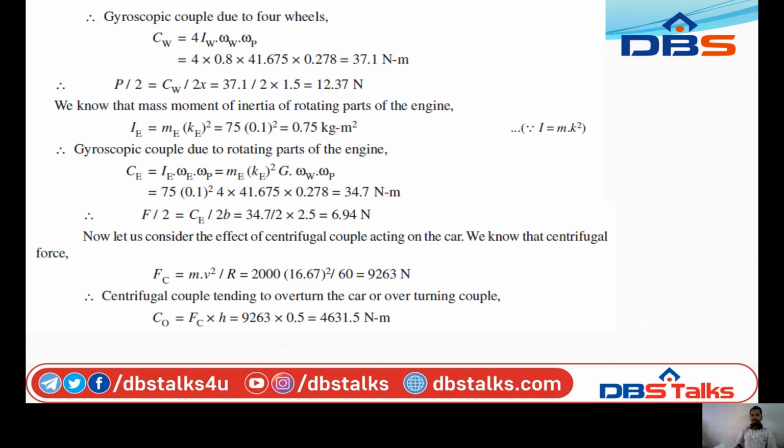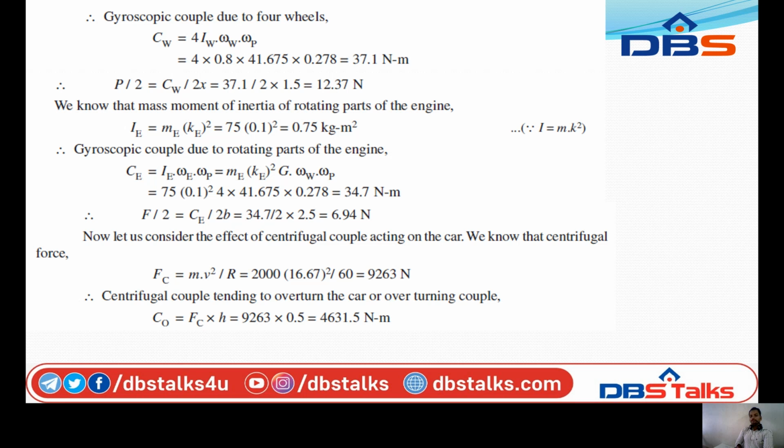We know that the mass moment of inertia of the rotating parts of an engine, IE, is equal to mk square. So IE is equal to ME into KE square. So ME, mass of an engine, is 75 into radius of gyration K, that is 0.1 square, is equal to 0.75 kg meter square.